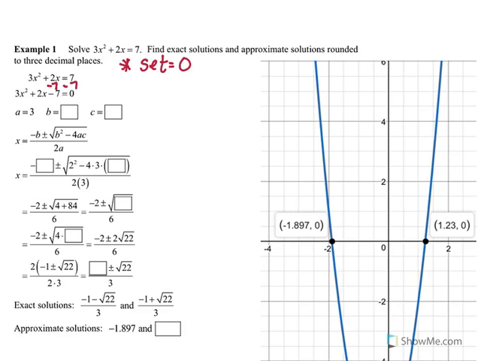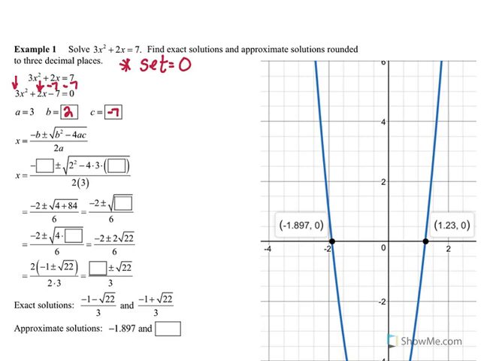So my a value, the number in front of x squared, is 3. The number in front of x is 2, and then c all by itself is negative 7. Notice that since 7 is negative, I bring that down as my c value. And then all I need to do is plug them into the quadratic formula.